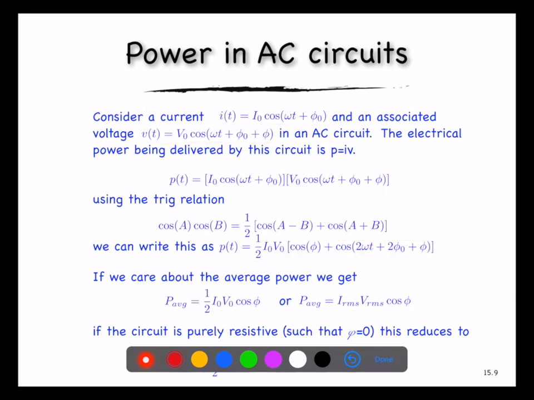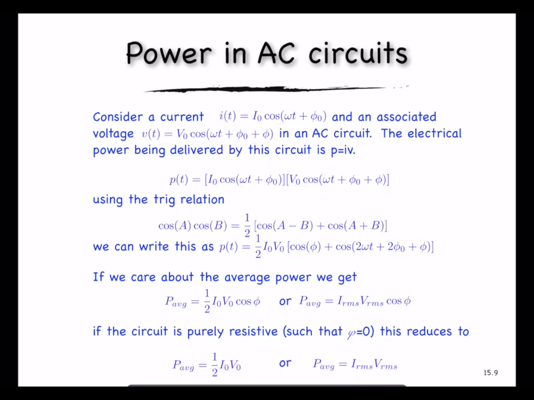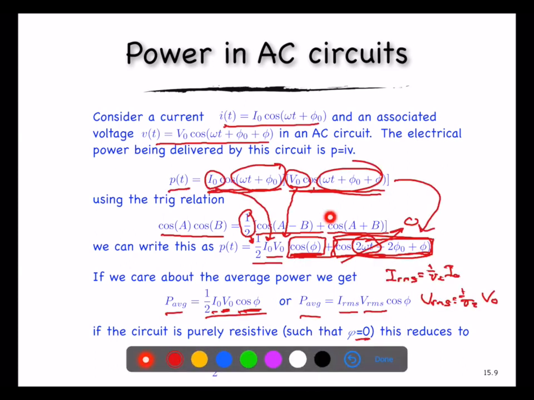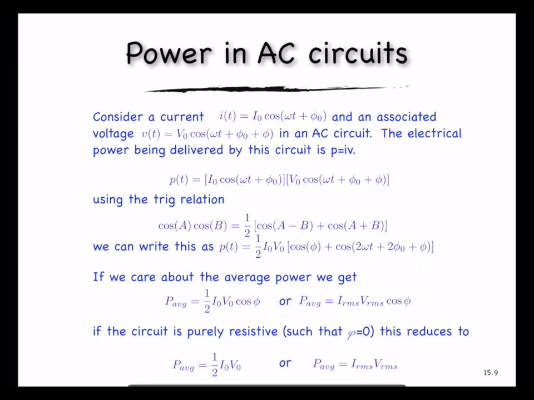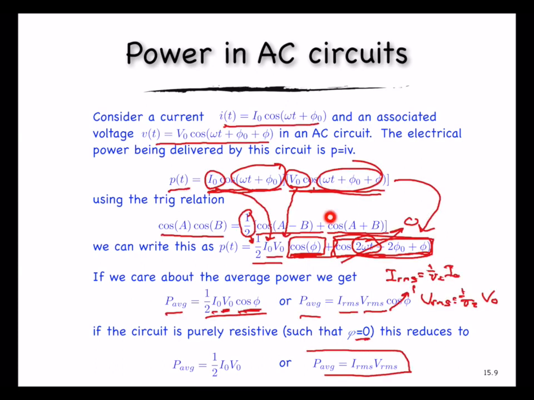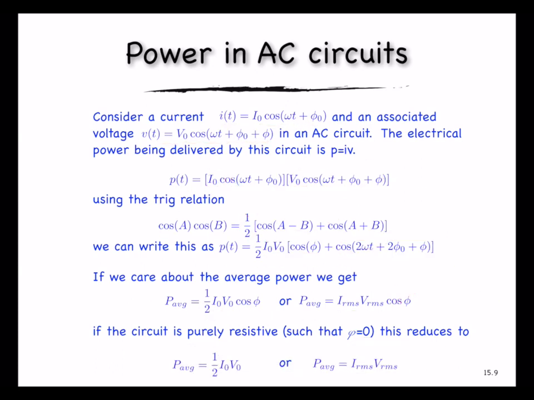That's one of the reasons that it's useful to talk about RMS values. The easiest circuits to analyze are ones where we just have resistance causing the current and voltage to differ by Ohm's law. And if that's the case, we'll see that phi naught is equal to 0. And if phi naught is equal to 0, this cosine is 1, and we have a very simple expression for the average power. It's just the RMS value of current times the RMS value of voltage.